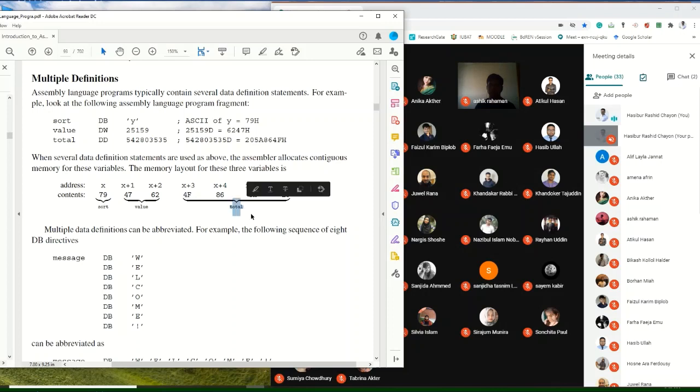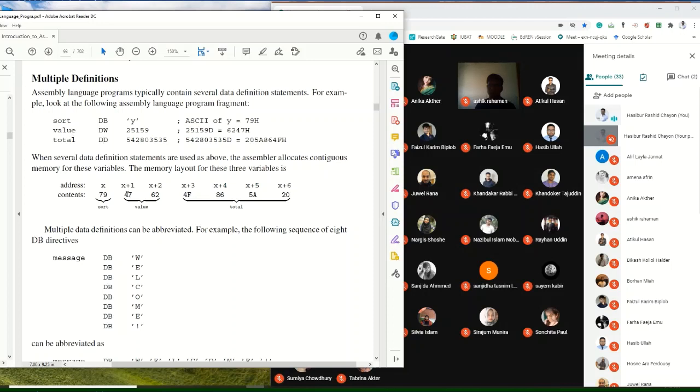Very easy, right? Because db means 1 byte. Fine, no problem. That means the next variable will start from the second place because it's just 1 byte. Very simple, right?